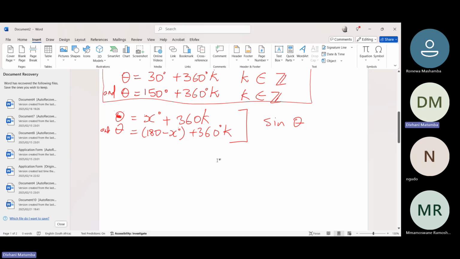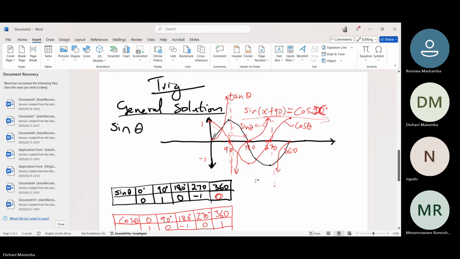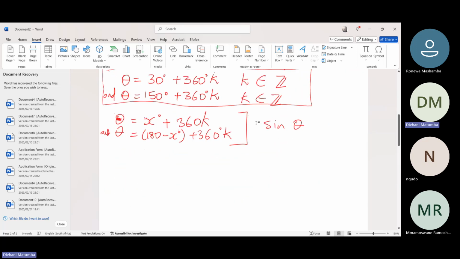And if you are dealing with the cos graph, let me give you an example.